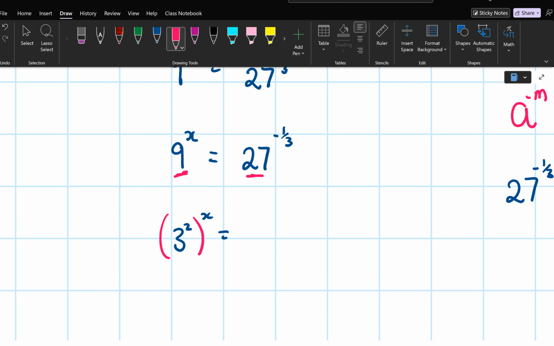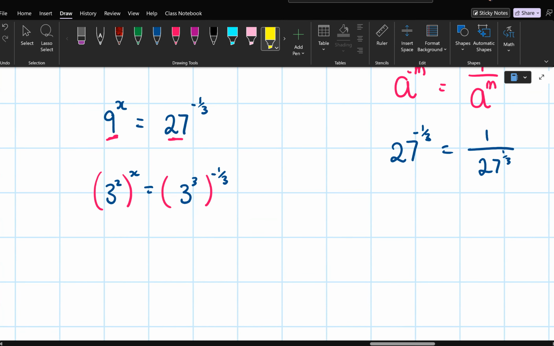The 27, I can rewrite as 3 cubed, because 3 times 3 is 9, and 9 times 3 again is 27. And remember, the power is still negative 1/3.